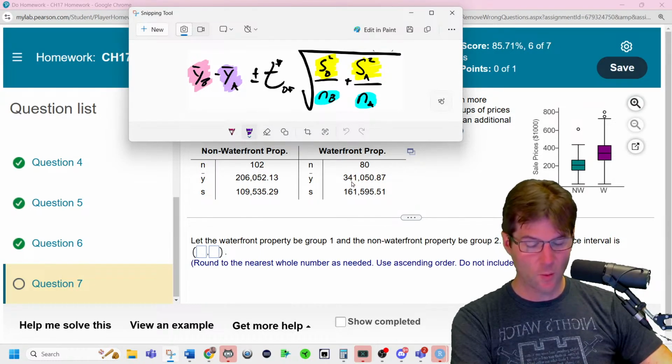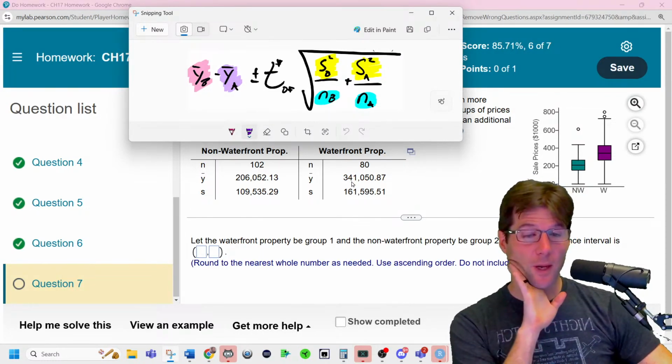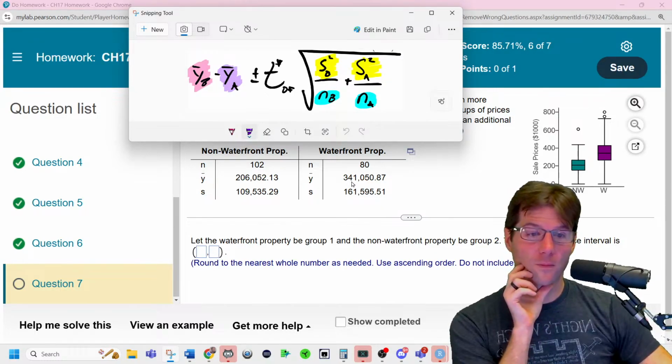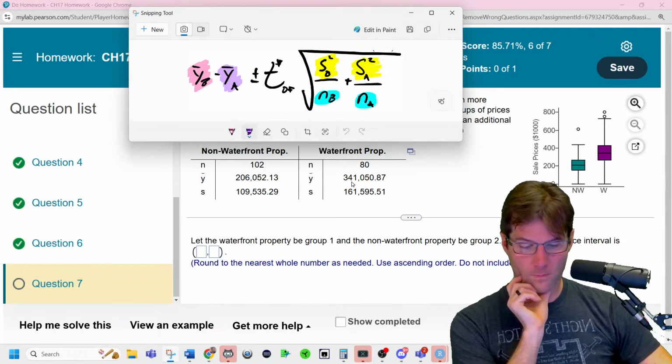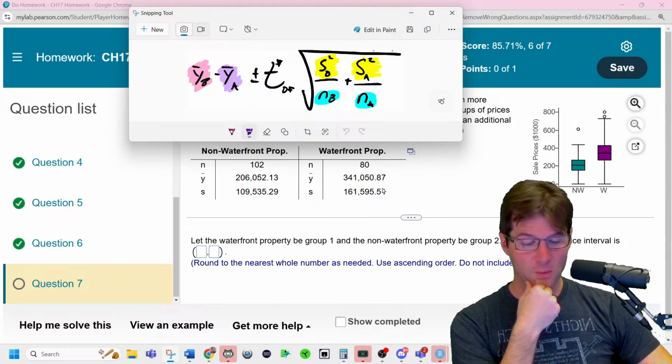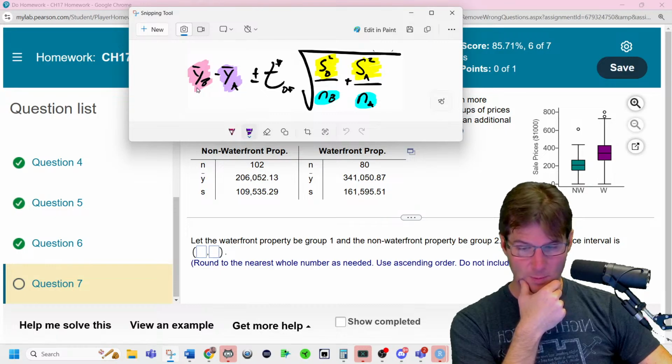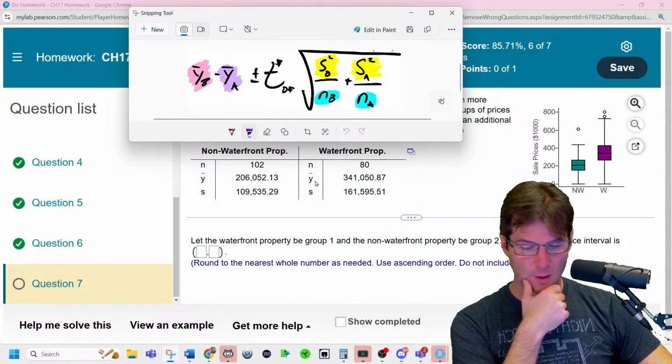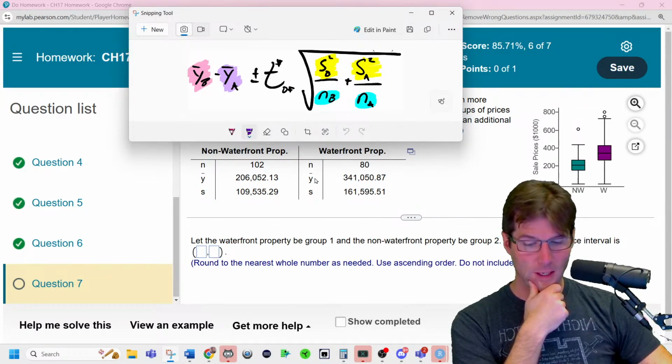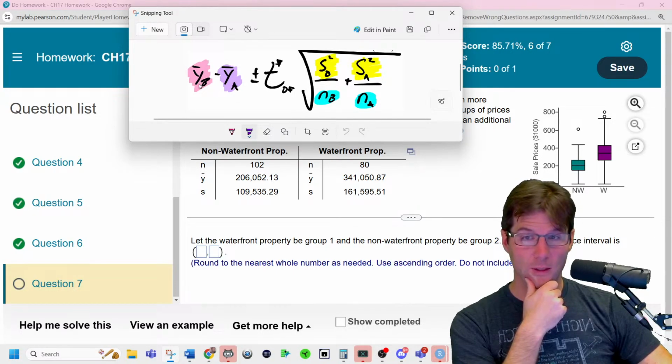So this mean would go where? Because that's one of the means. It has to go here somewhere. It says let it be mean 1, which is the first one.